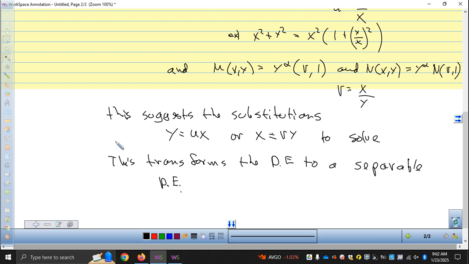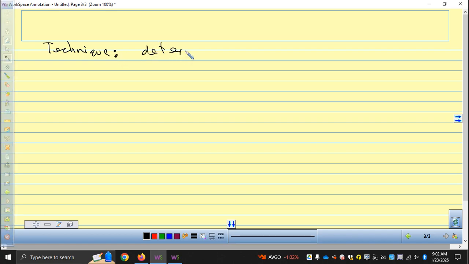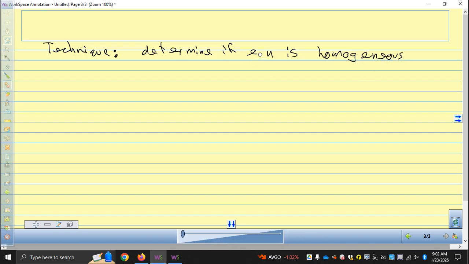All right, so I want to talk about the technique now. First we need to determine if the equation is homogeneous. This substitution only works if our equation is homogeneous.